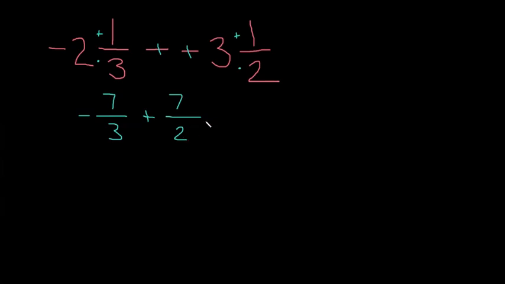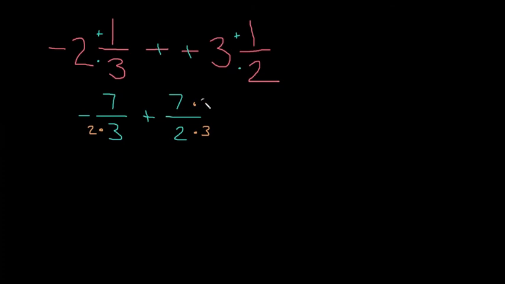So in order for me to add these, I need to have a common denominator. Now, these aren't common, and the 2 does not go into 3 evenly, so we will have to multiply them to each other. So this 3 will be multiplied by this 2, and this 2 will be multiplied by this 3.